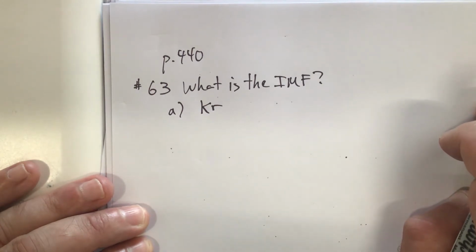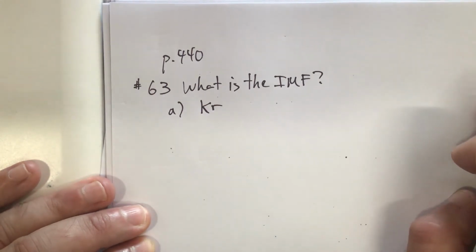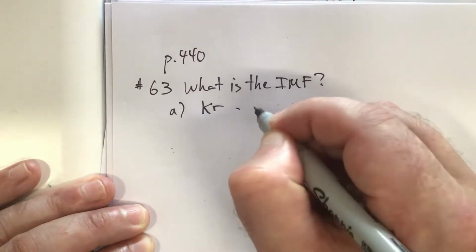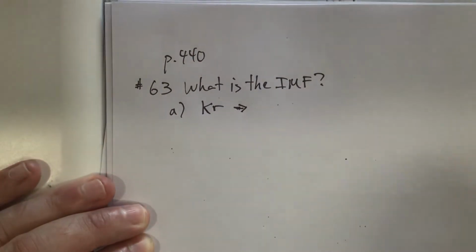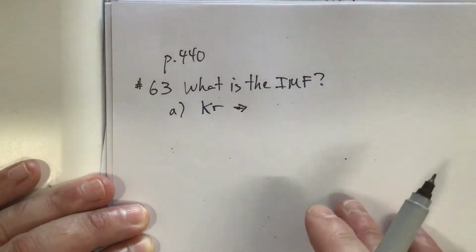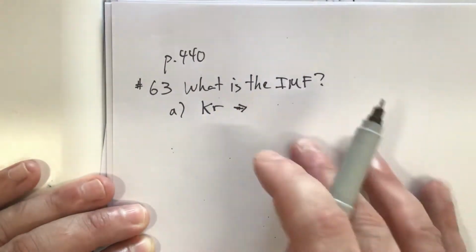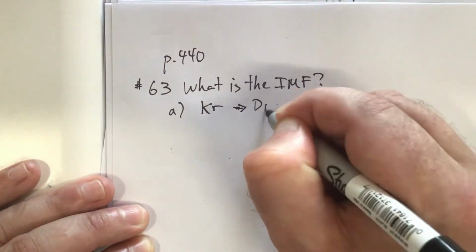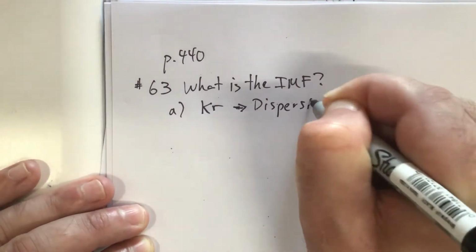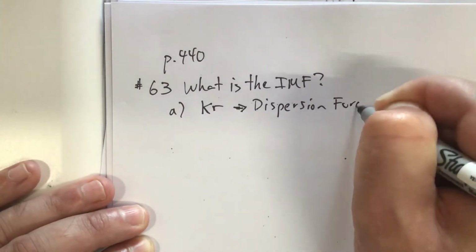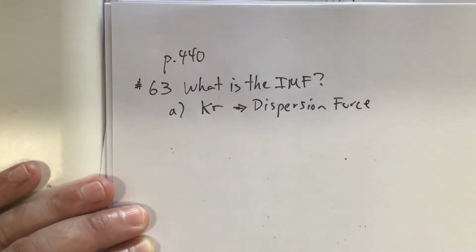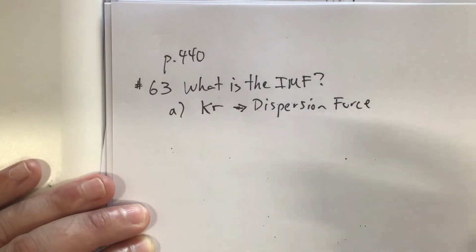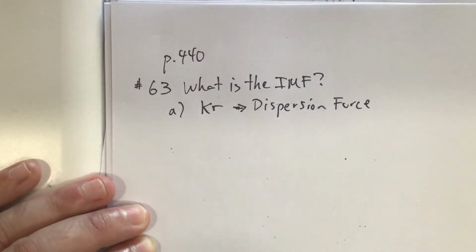It doesn't have ion-dipole forces or dipole-dipole forces. So the only kind of IM force that can bind a lot of krypton together, and krypton is one of our noble gases, so usually it's in the form of a gas, is a dispersion force, because it's the only one available. Remember, all molecules at least have a dispersion force, sometimes known as a London dispersion force too.